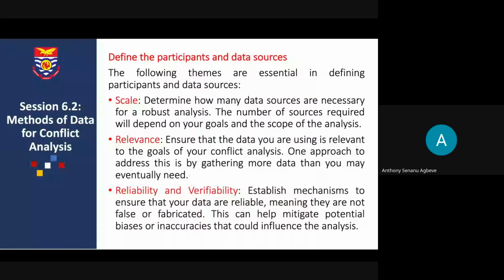So the relevance of the data is very important, because then you want to trace the history behind some of these sources. And then how reliable and verifiable are these sources, right? Those sources will have to be very reliable, and they have to be very verifiable.